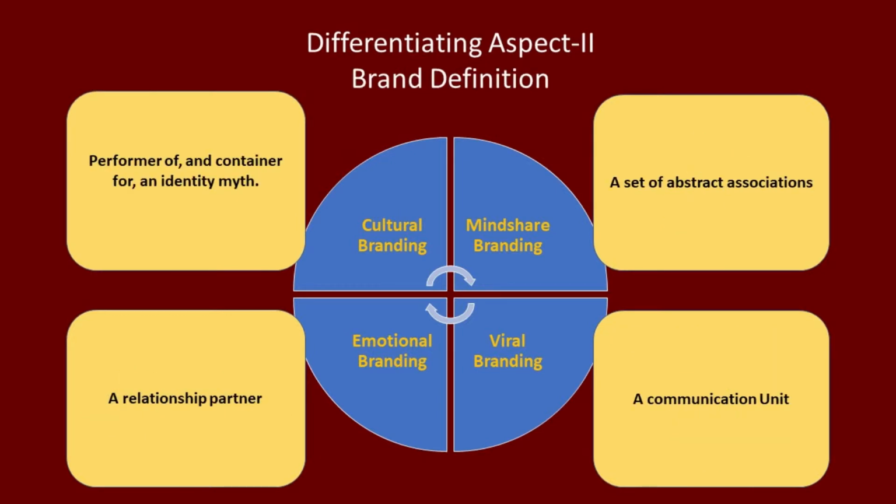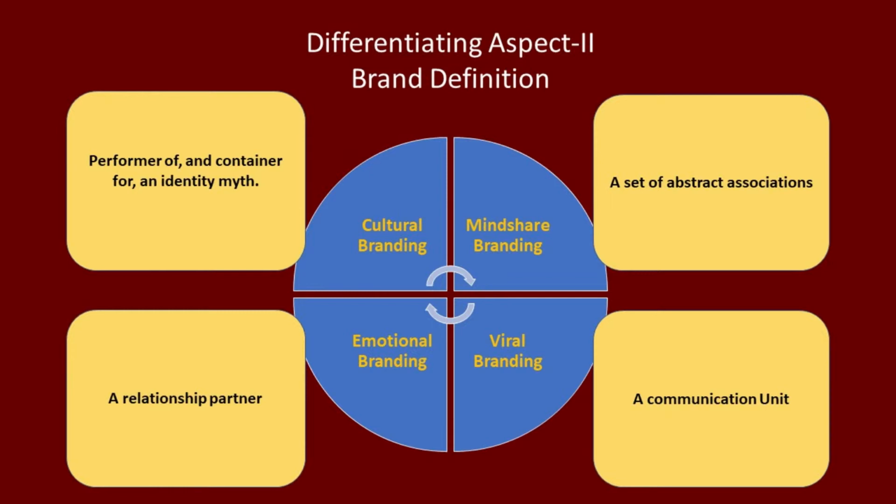The second differentiating aspect is the way the brand is defined by the company. It differs in different models. When marketing activities are based on the cultural branding model, the brand is defined as the container of identity myth.